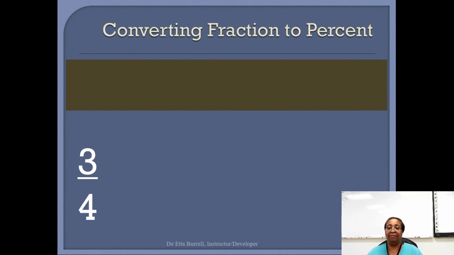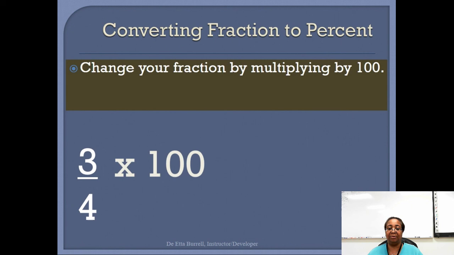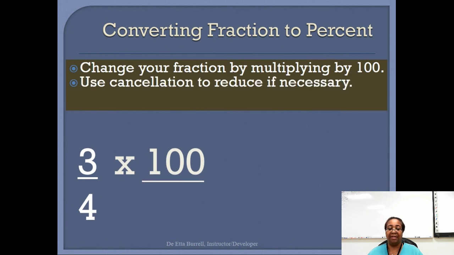Now, when converting fractions to percent, the rule is the same. I have to take that fraction and I have to multiply it by 100 to make it a percent. So I'm just going to use cancellation in this case. I know that 4 and 100 can both be reduced by 4. So when I divide by 4, I get 4 is equal to 1.